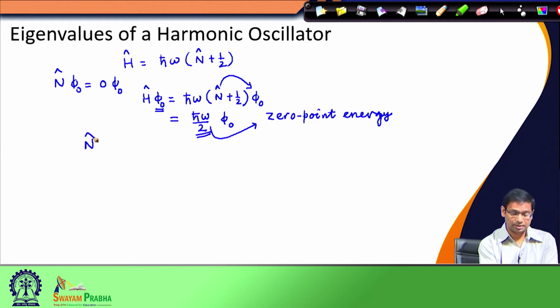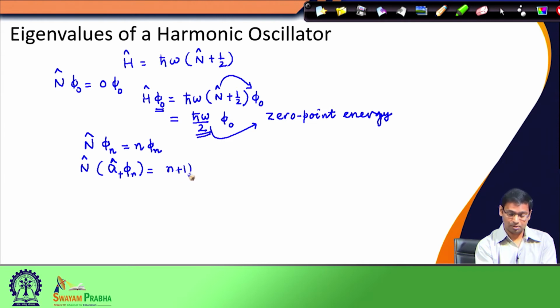We discussed that if phi n is an eigenfunction of operator N with an eigenvalue of small n, we have already shown that a plus phi n, that means the step up operator acting on phi n, this eigenfunction, is also an eigenfunction of this operator N with an eigenvalue n plus 1.